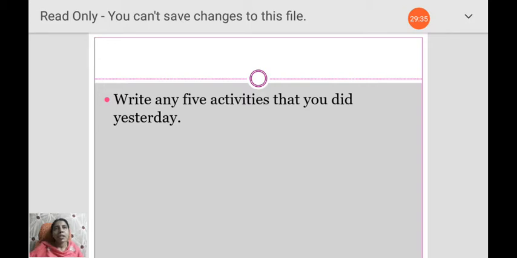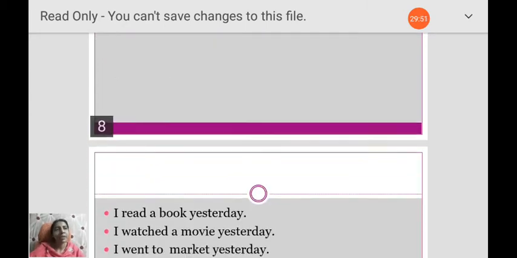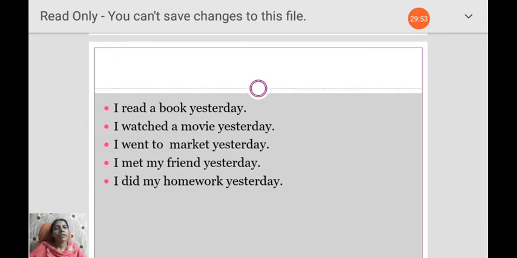Now see here, you can write your own activities provided that the tense form is correct, but I have written 5 activities that I did yesterday. Okay, look at the activity. I read a book yesterday. I simply took out a book, some book that was very interesting. I read a book yesterday. I watched a movie yesterday.